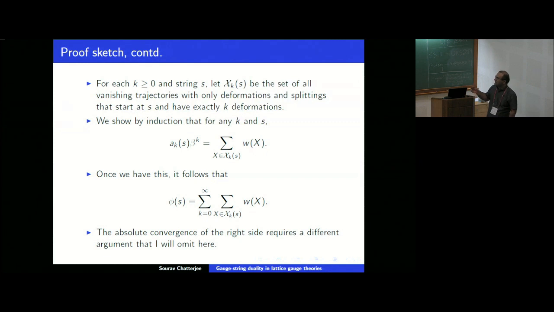Instead of a_k(S), you take b_k(S), some other coefficient, where b_k(S) will be the absolute value, and it will satisfy another system of equations, and then you can show this. So it requires a different argument. That's more or less the proof, but there are details which I haven't shown.